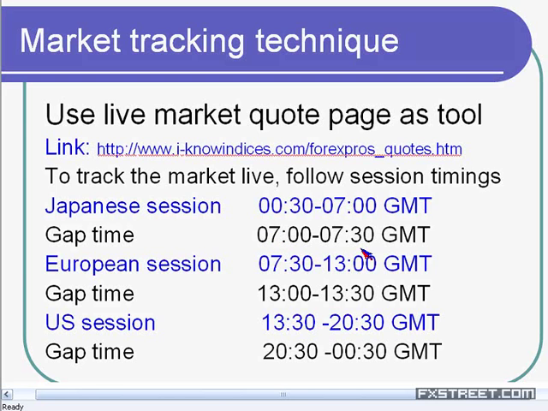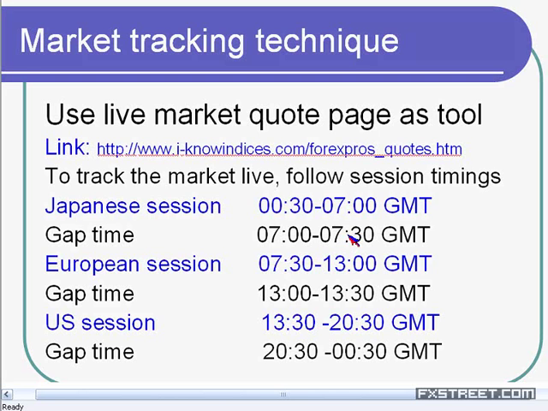In between, you come across a 30 minutes time frame, which is referred to as a gap time, during which the banks in the Asian region get over and they stop the trading, and the European session or the European banks commence the trading from their local time 9:30 local time.